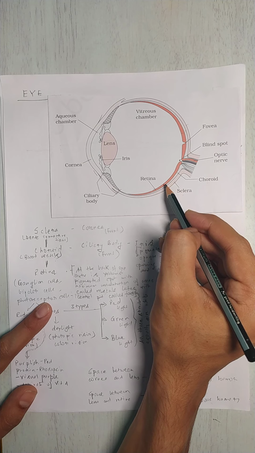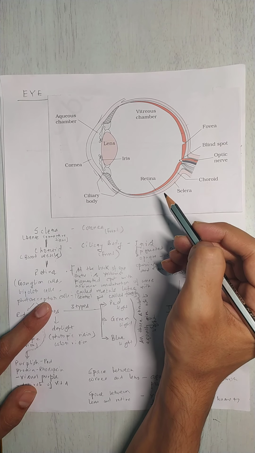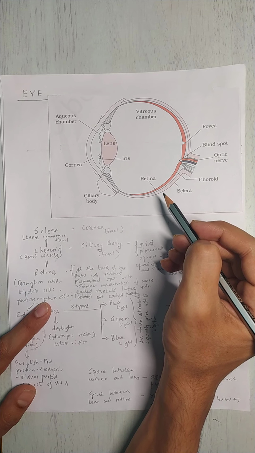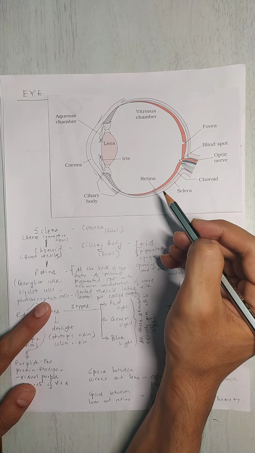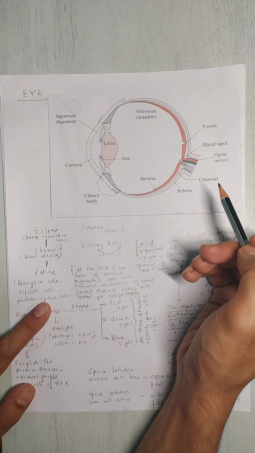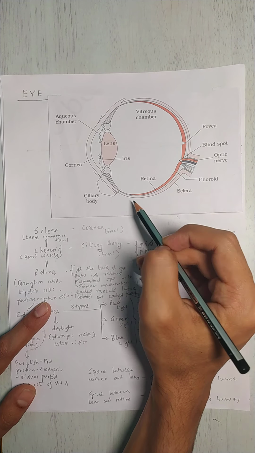Okay, so the retina is basically what detects the light that comes into the eye and helps us in visualizing our environment.